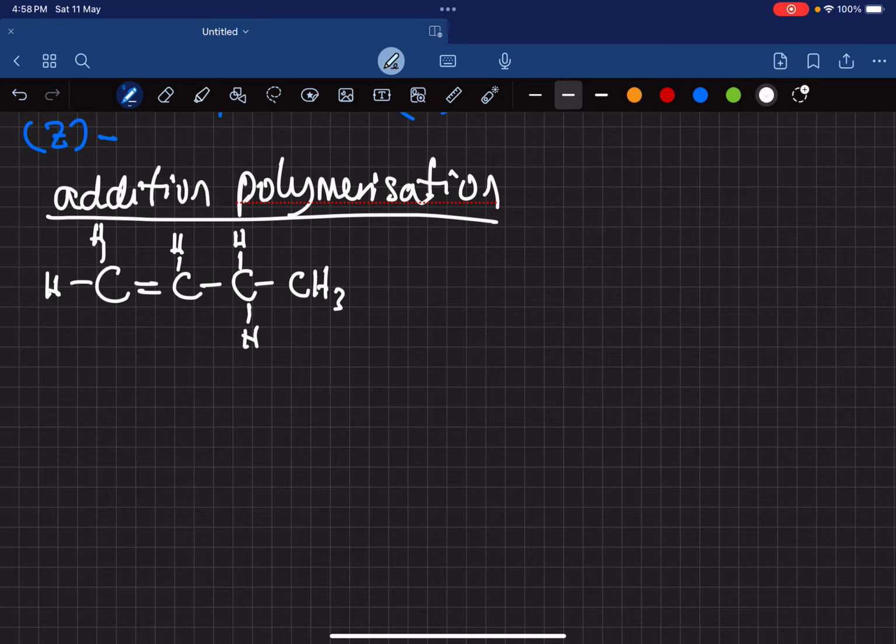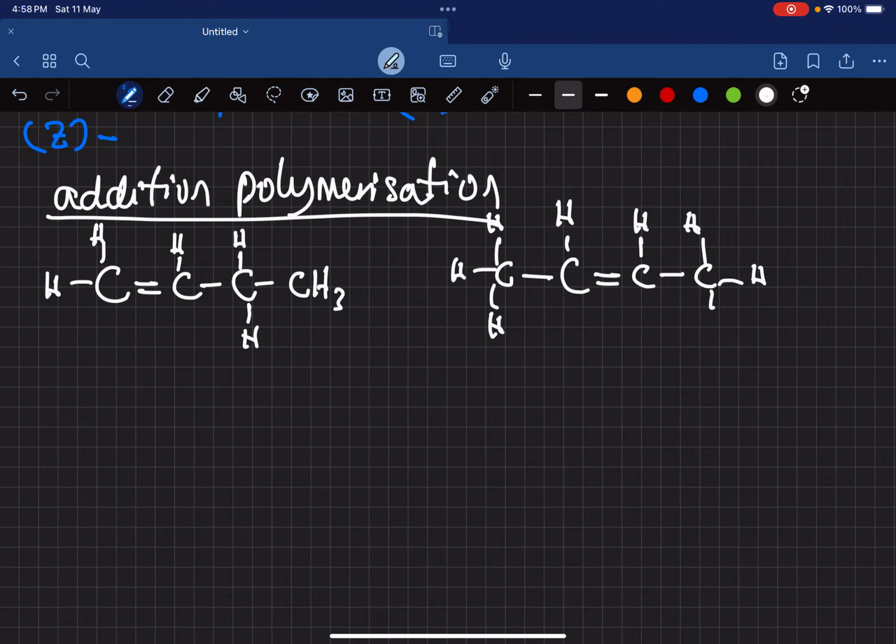Okay, you've been asked to draw the addition polymer. Or let's say you've been given but-2-ene, to draw the addition polymer, right? So either but-1-ene or but-2-ene. So whichever way, whenever you're given something with a double bond, what you do is, again, very, very easy. You just focus on this part.